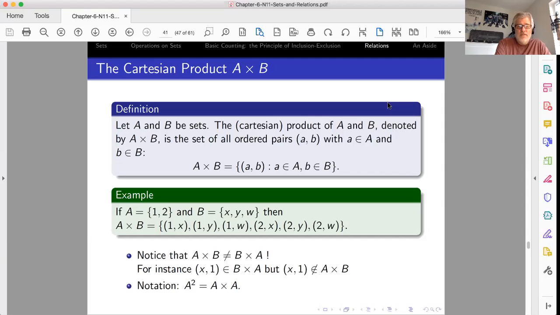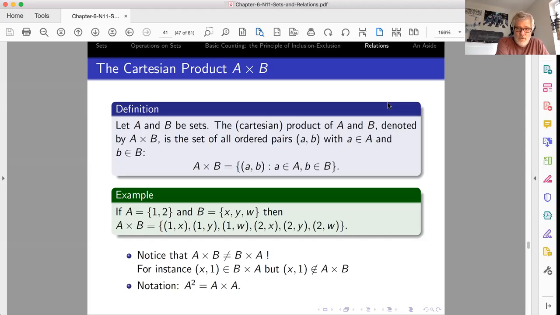A times B is the set of all pairs little a, little b, where little a comes from big A and little b comes from big B. So we have an example here where if the set big A is the set consisting of 1 and 2, and big B is the set consisting of X, Y, and W, then A times B has for its elements the pairs 1X, 1Y, 1W, 2X, 2Y, and 2W. So there are 6 pairs in this product.